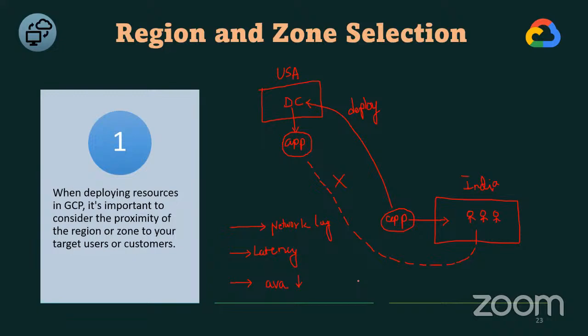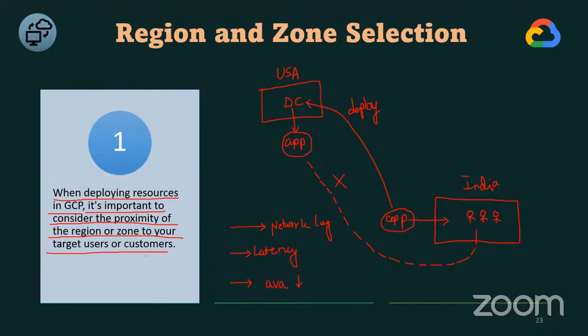So that is what our first point says. Now look at our first point. Whenever deploying resources in Google Cloud Platform, it is important to consider the proximity of the region or zone to your target users or customers.